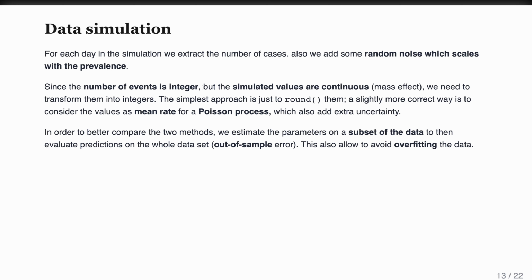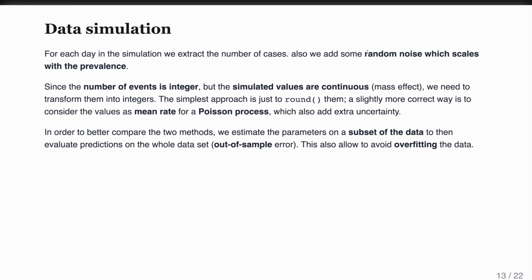But before this, we also want to add some noise to our prevalences, because data in real life is never so clean, so doesn't follow an exact curve. There is always some noise, because sometimes more people come and get tested, and other times less people get tested. Sometimes you can have small local epidemics, and so on and so on.